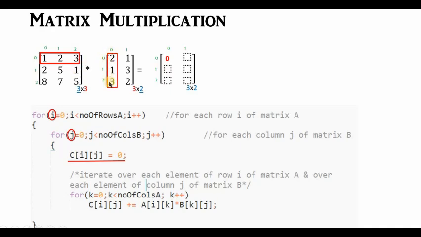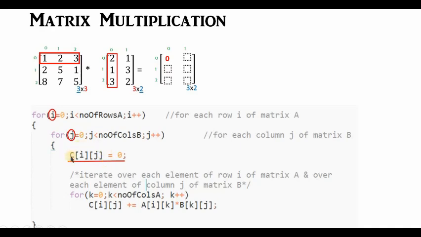The value of j is going to lock the column number of B. We are going to multiply a particular row with a particular column at a time to get some value at the resultant matrix. That is why we have two for loops here. i locks the row number, j locks the column number of the second matrix.